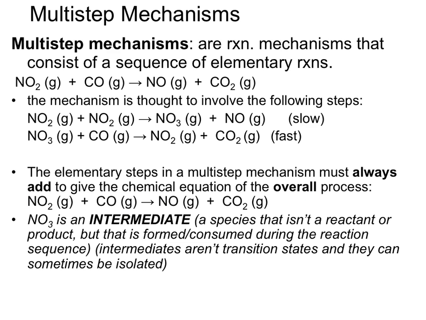Another thing that needs to be mentioned is the NO3. NO3 is produced during the slow step and then used up during the fast step. It's a species that isn't technically a reactant or product because it's formed and consumed during the reaction progression. Understand also that intermediates aren't transition states.